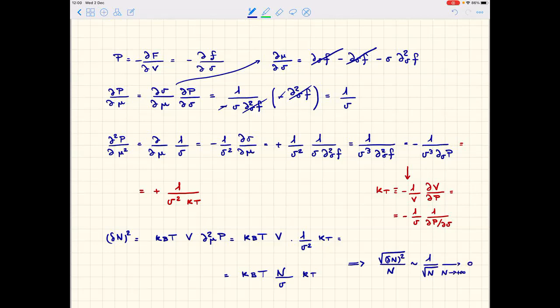So in practice, this implies that the grand canonical ensemble is equivalent in the thermodynamic limit to the canonical ensemble, as we expected.